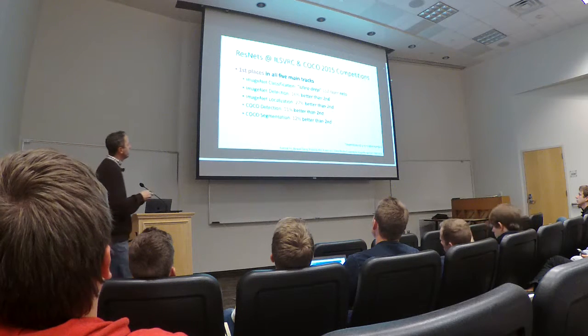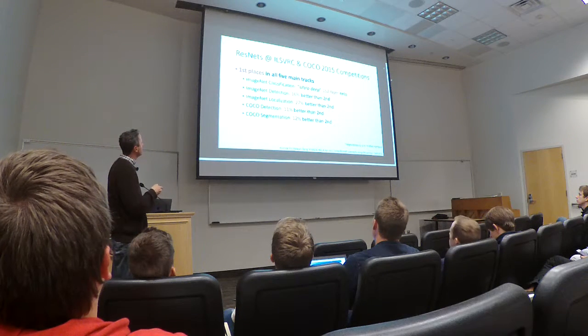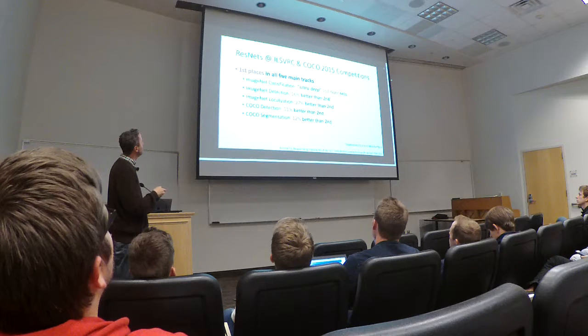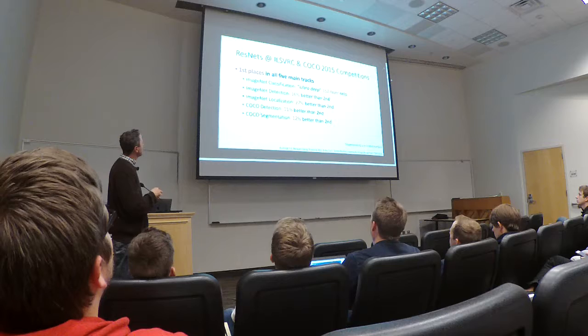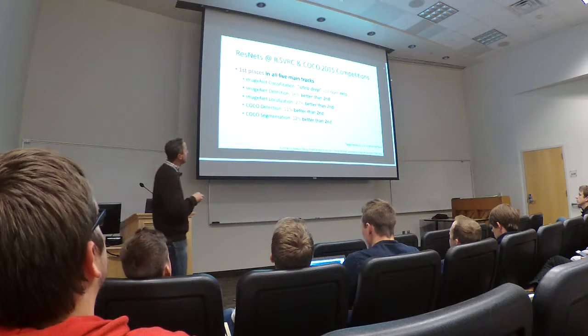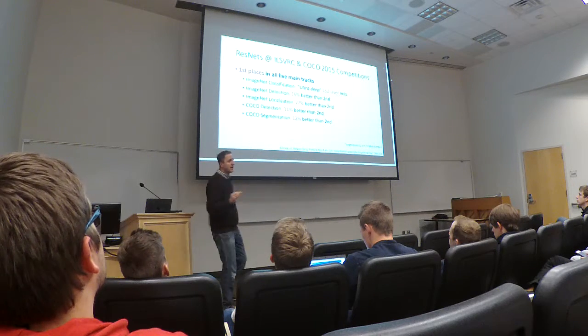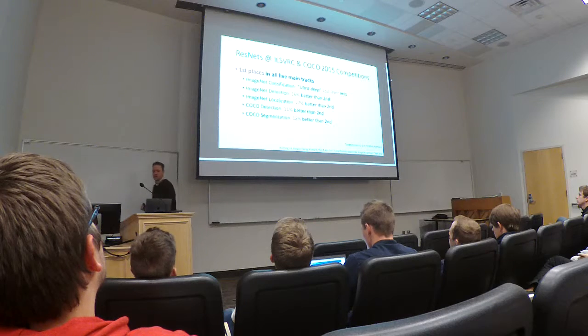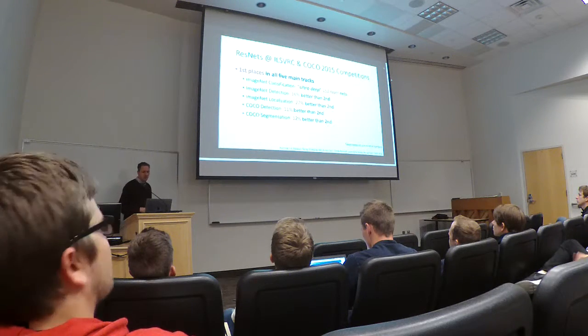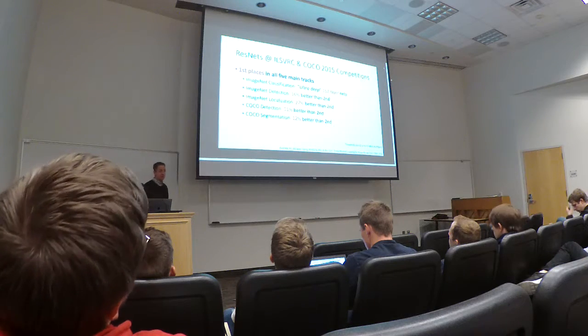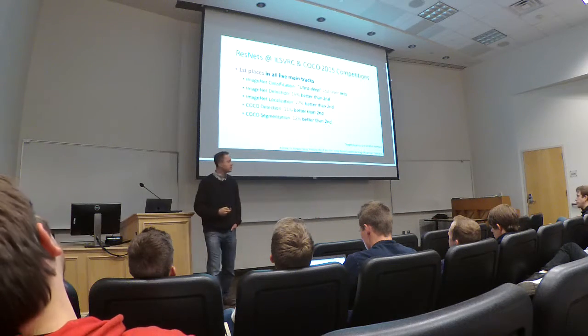A 152 layer network won the ImageNet classification in the 2015 competition, as well as detection and ImageNet localization. So it was not only first place in essentially every category of every competition, it was quite a bit better than anything else. This represented a real advance in the state of the art of networks.